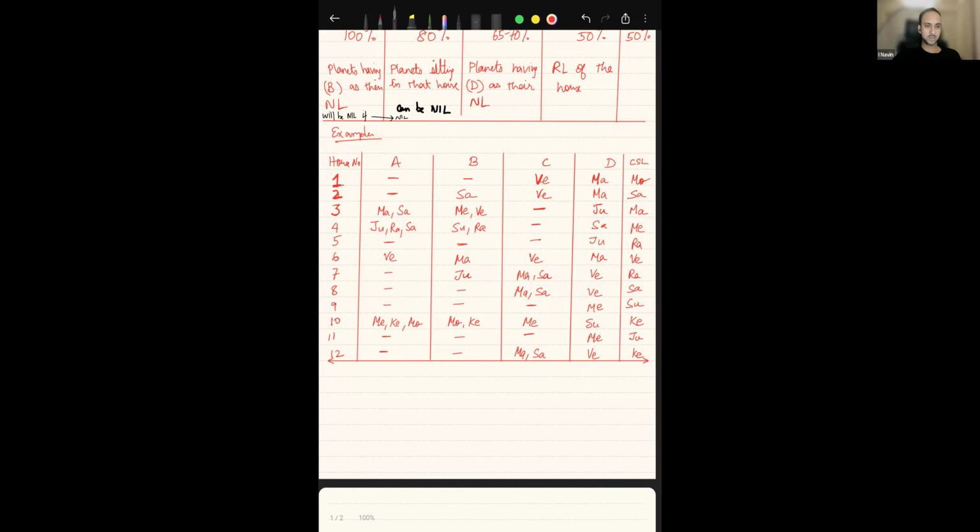Look at my laptop screen also. There you have the perfect printed one. This is what the software provides, so check your answer against it. Then it is Jupiter, Moon, Ketu, Moon, Ketu, Moon. Okay, all correct.